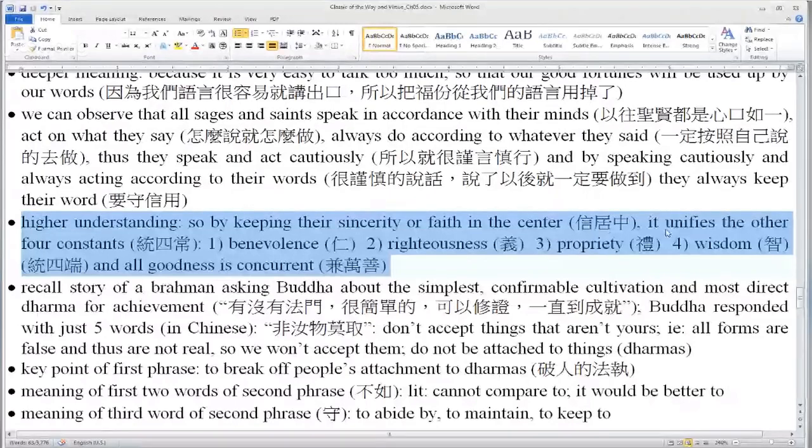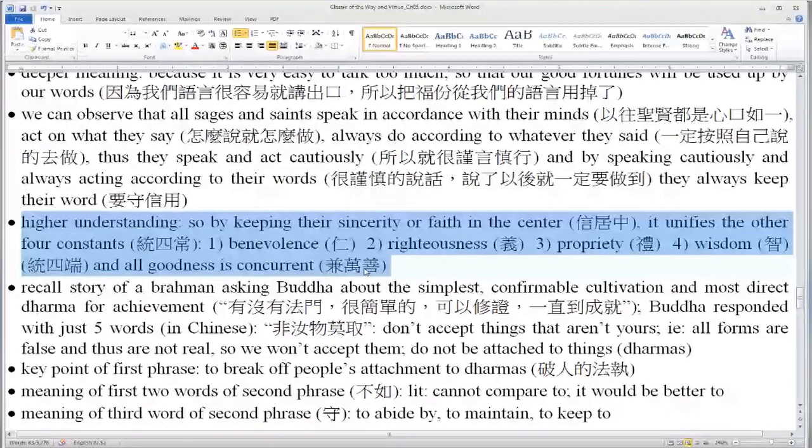It unifies the other four constants, 统四常. Remember we have the five constants according to Confucius: faith, sincerity or trust, then benevolence, righteousness, propriety, and wisdom. And all goodness is concurrent. 兼万善.